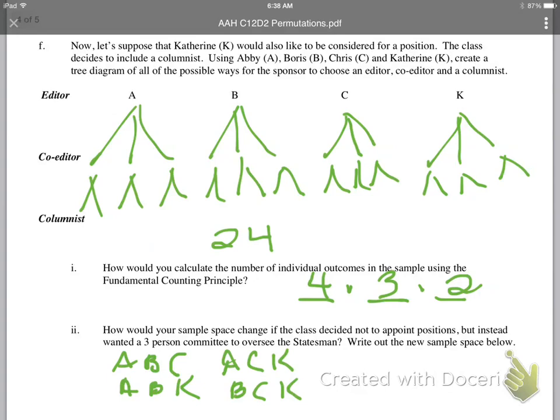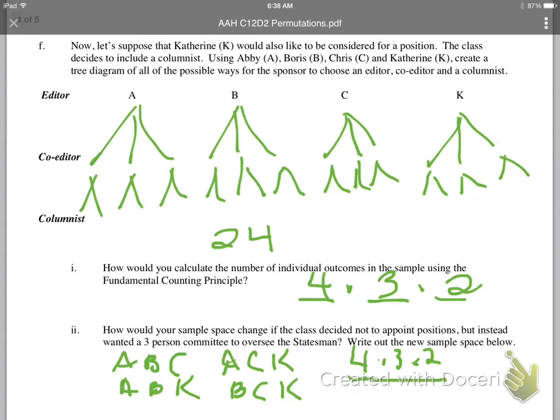Well, now, if I choose Abby, Boris, and Chris, that's the same as if I choose Boris first, then Abby, then Chris. That's the same group of 3 people for the committee. So what I can do is take my 4 times 3 times 2, which is how many ways I can choose the 3 people.